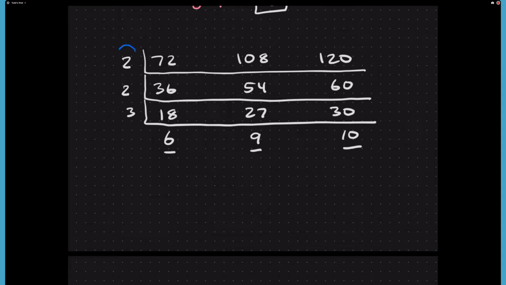Therefore, we look at the three numbers on the left side here, and the greatest common factor of all three of those numbers is going to be the product of those, which is 2 times 2 times 3, which equals 12.